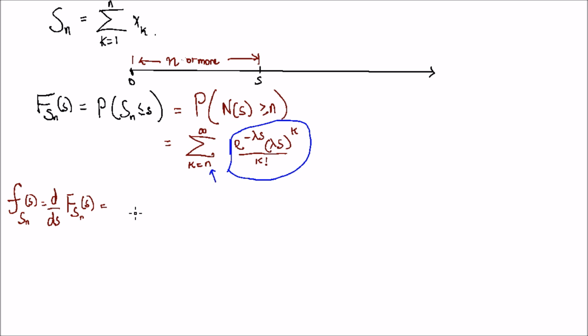The summation is indexed by k, and the limits of the summation do not depend on s. So we can actually move the derivative inside the summation. So therefore, we have the sum, the derivative of e to the negative lambda s times lambda s to the power of k divided by k factorial.